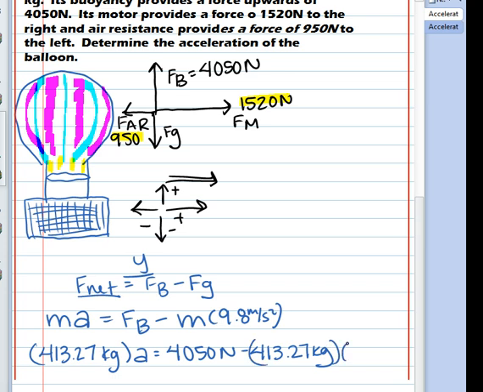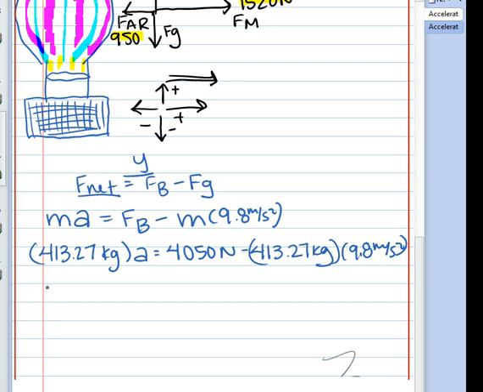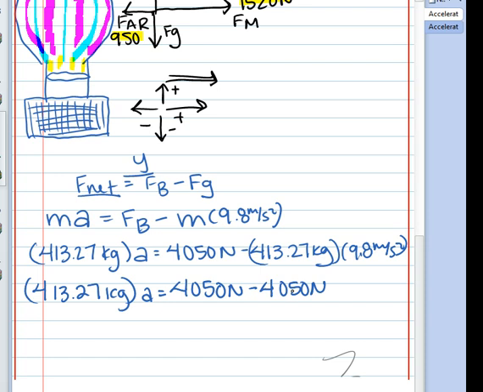Times 9.8 meters per second squared. Now, when I take a look at this and calculate, I'm going to find that I end up with 413.27 kilograms times A equals 450 newtons minus approximately 450 newtons, or that all of this equals 0.